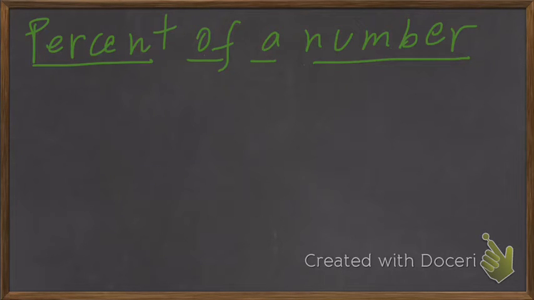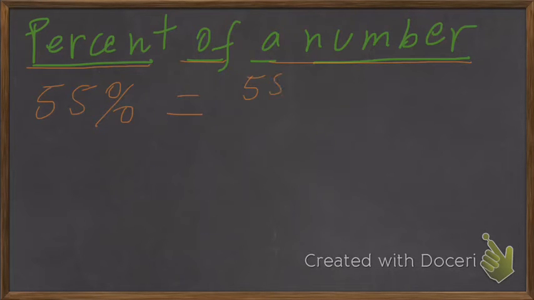I'm going to start with the percent of a number. To find the percent of a number, I'm going to give you steps and an example. If I write 55%, this 55% can be expressed as a fraction, 55 for every 100.